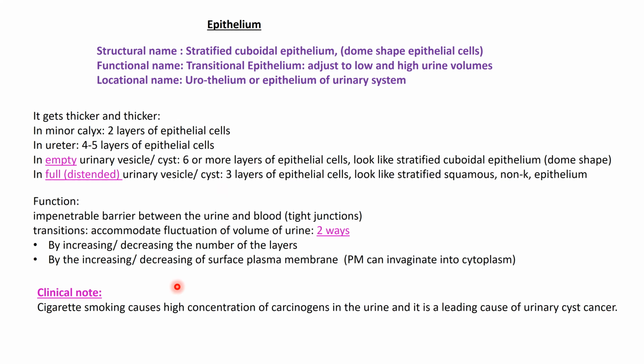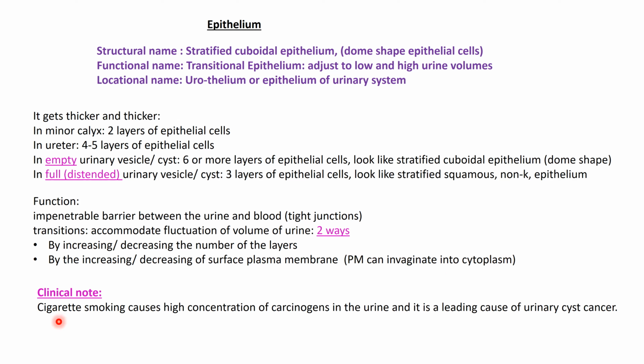Okay, so how can this fluctuation occur? Two ways: by increasing and decreasing the number of the layers in the transitional epithelium, or by increasing and decreasing the surface plasma membrane, because the surface plasma membrane can actually invaginate into the cytoplasm, hiding.